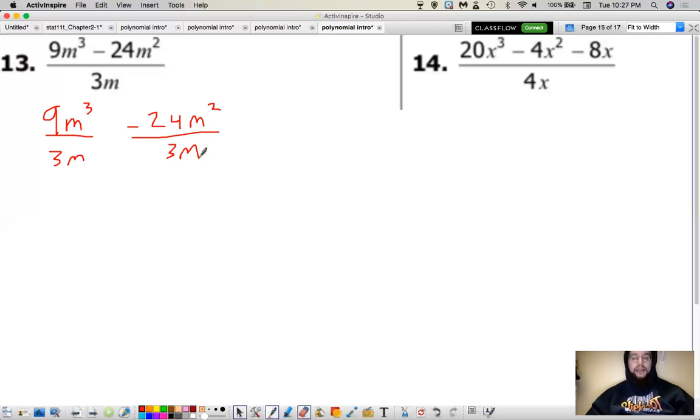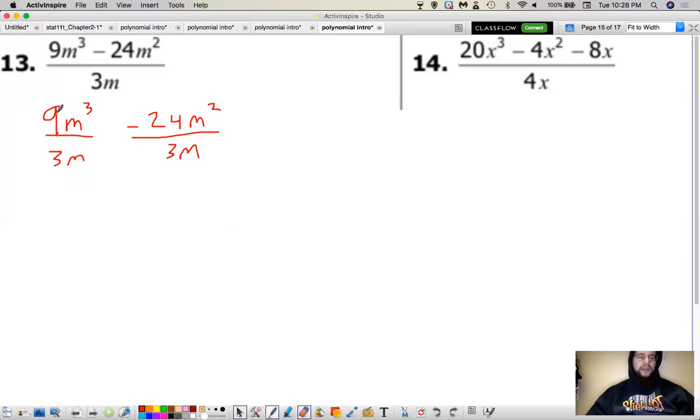Only for dividing by a monomial. This is the only time, this is the only way you would do it this way. Polynomial divided by anything other than a monomial, not yet. So then you could separate these if you needed to. It's already kind of separated for us.